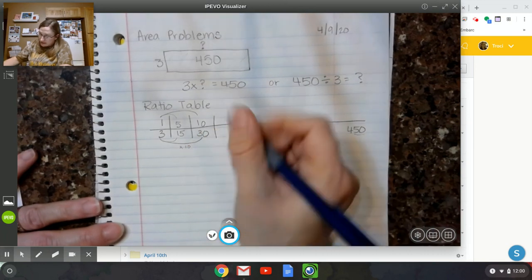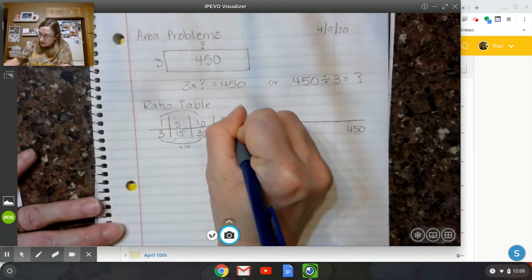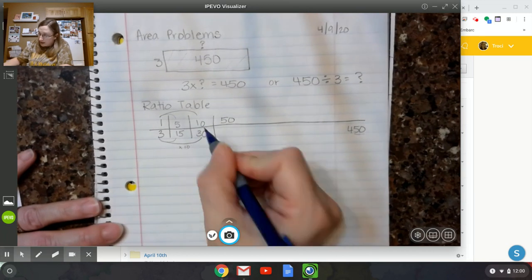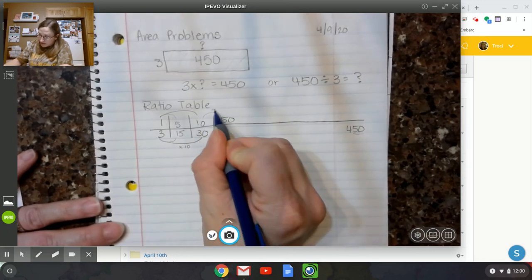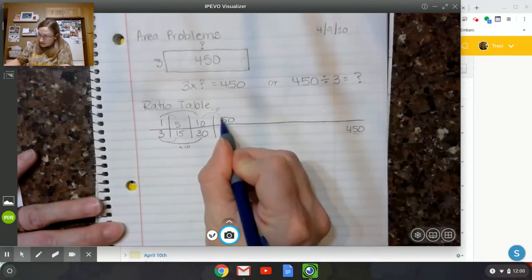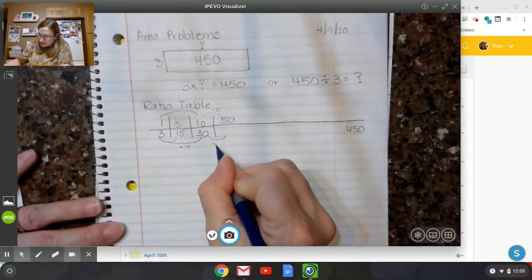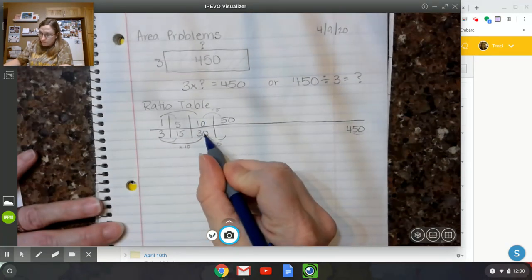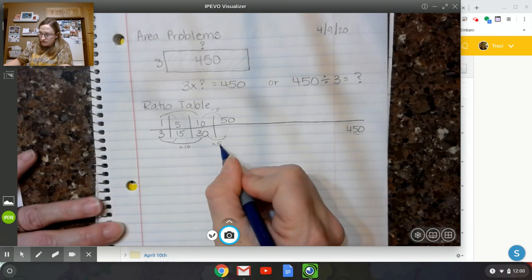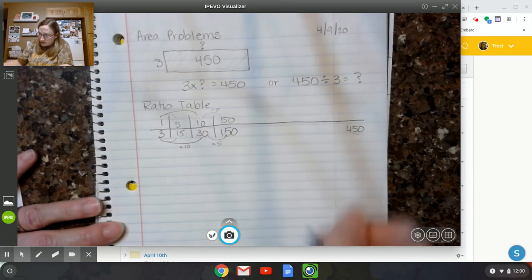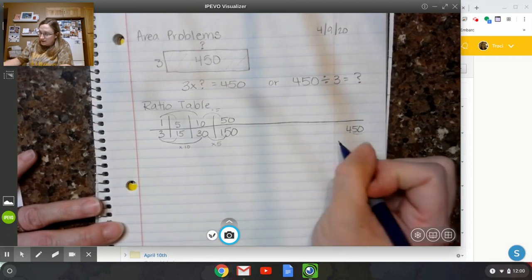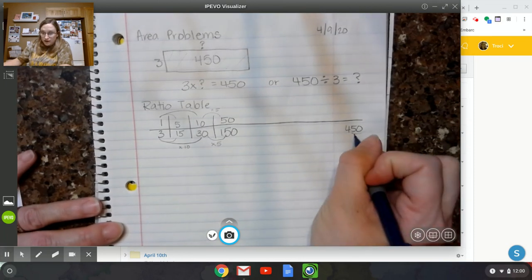How could I get 50 up top? I could do 10 times 5. And if I multiply this by 5, I want to multiply this by 5. 3 groups of 5 I know is 15 with a 0. 150. I am definitely getting closer to that 450 now.